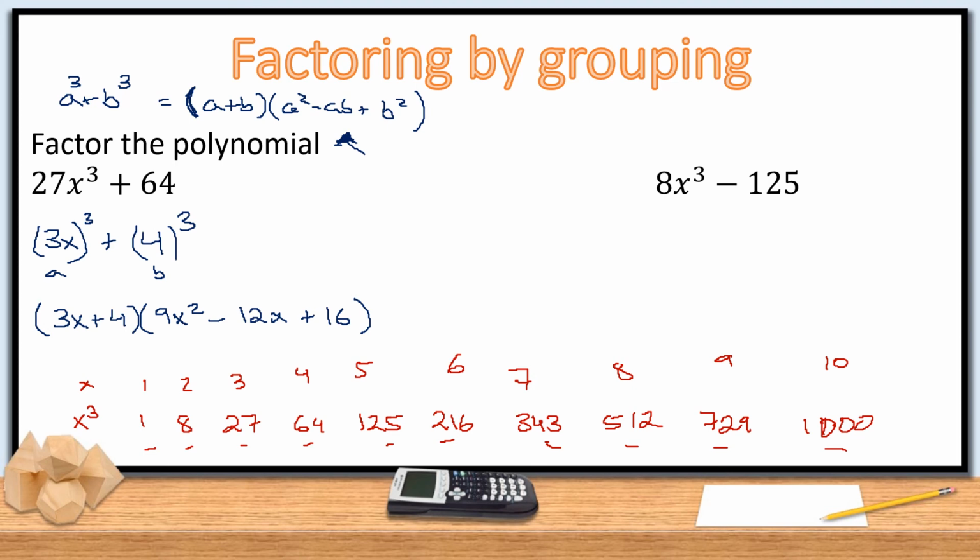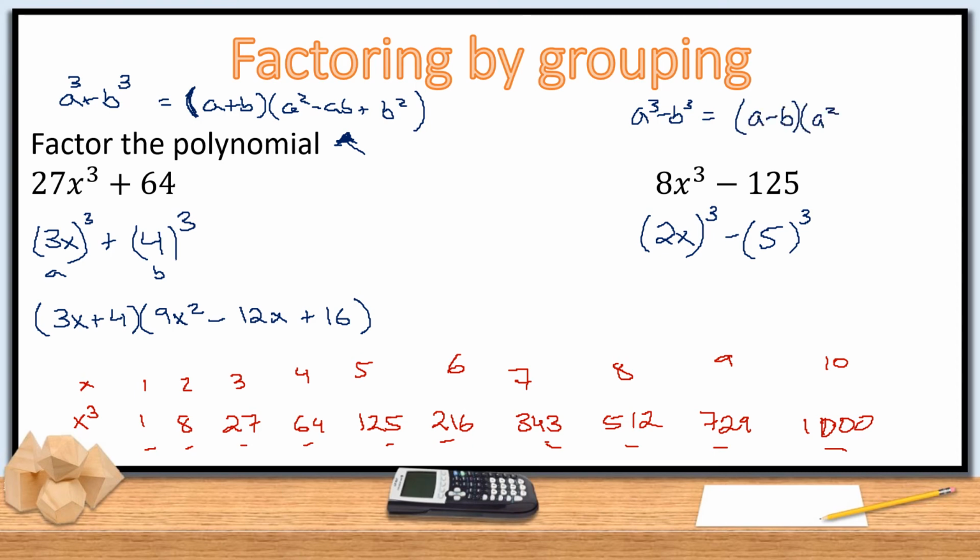And then the other one, 8x cubed minus 125. 8 is a cube number, 125 is a cube number, x cubed is a cube number. So we would rewrite this as 2x cubed minus 5 cubed. So this one is in the form of a cubed minus b cubed, so a difference of 2 cubes. Same as the last one, except the signs change.